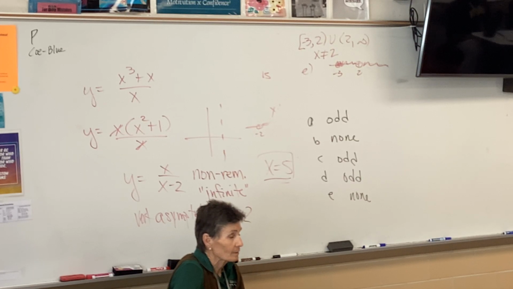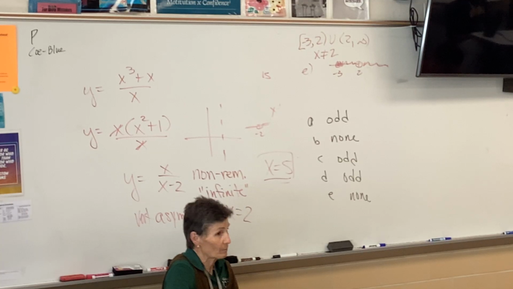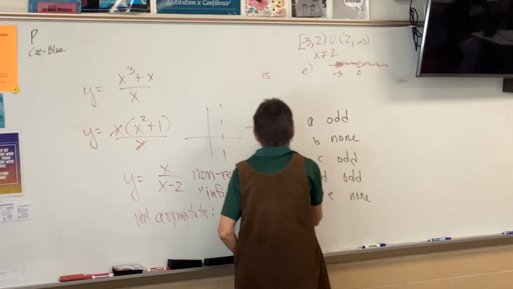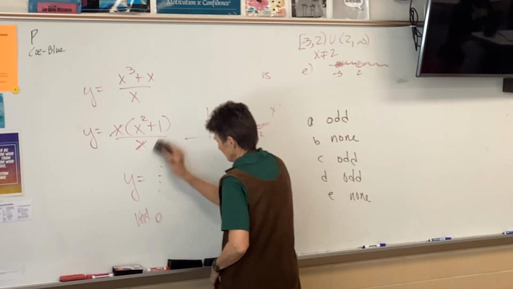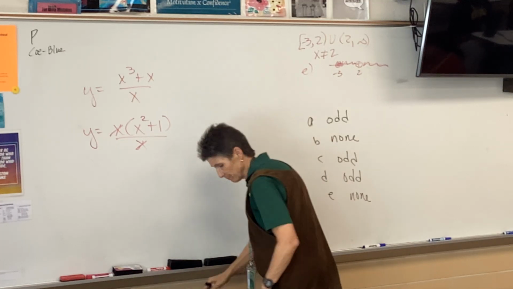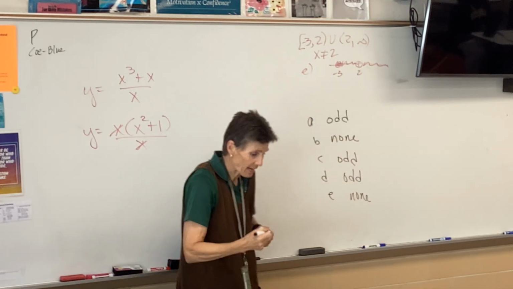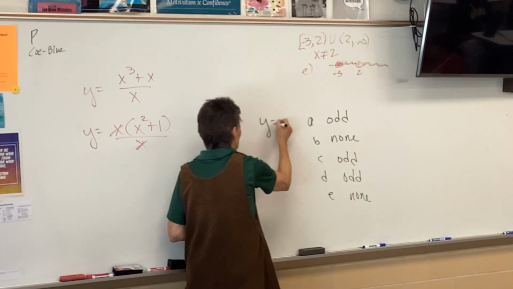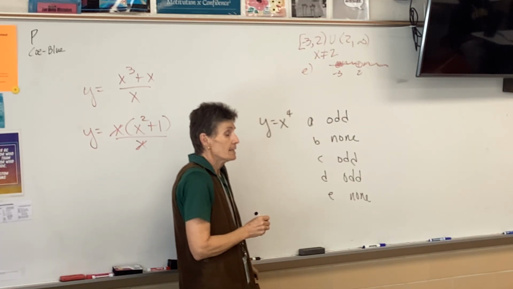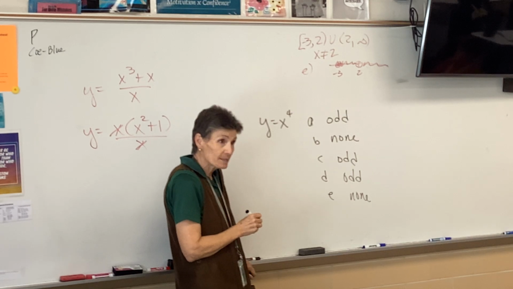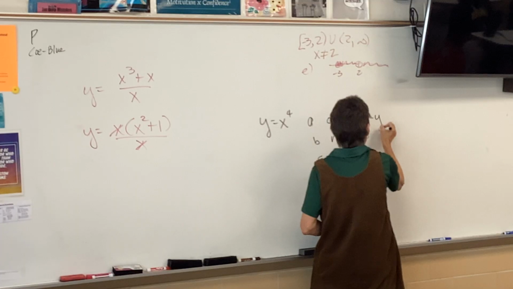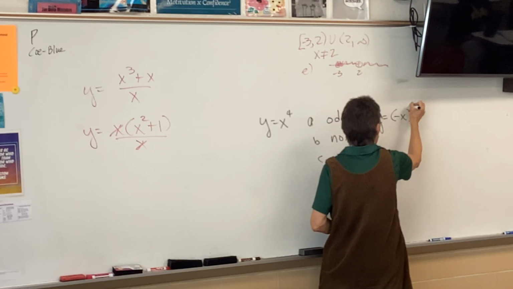Okay. Let's talk about it, because I don't agree with all of them. I agree with a couple of them, but not all of them. So, problem number one is x to the fourth. If I am odd, then negative y equals negative x to the fourth.